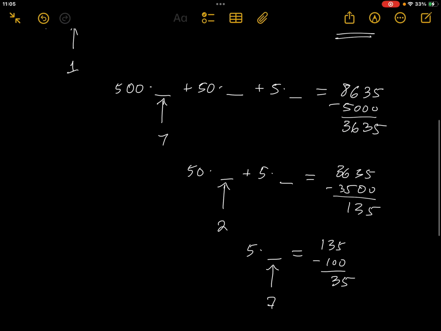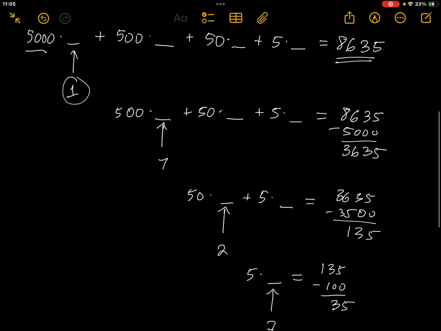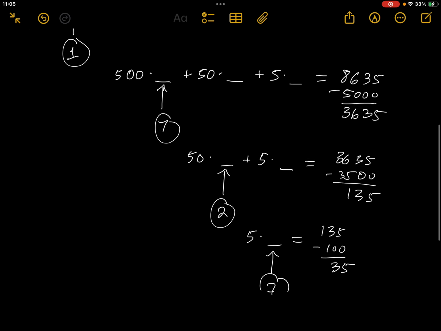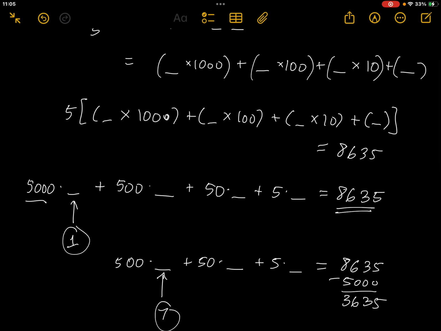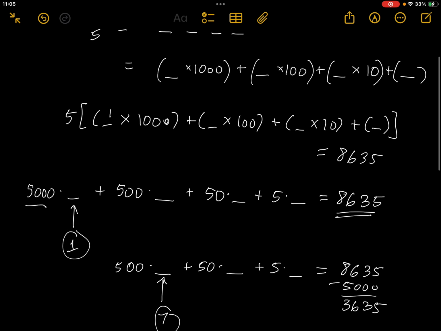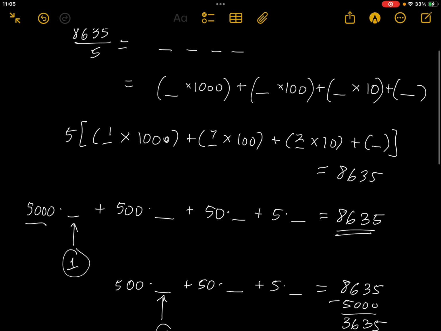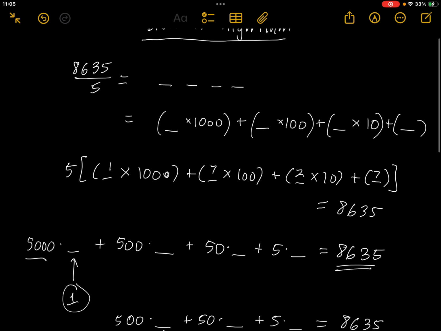So I see that the numbers that go into the blank are 1, 7, 2, and 7. And so the numbers that go here are 1, 7, 2, and 7. So 8,635 divided by 5 is 1,727.